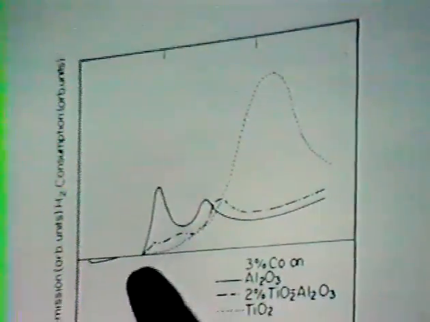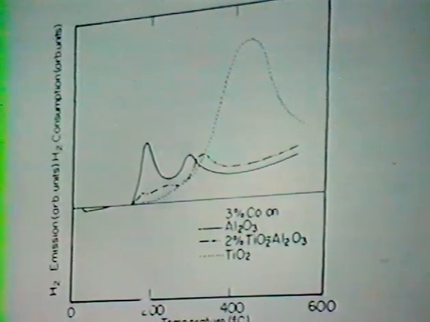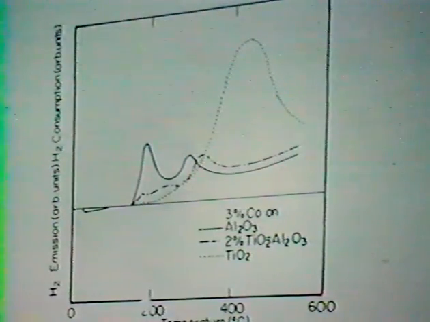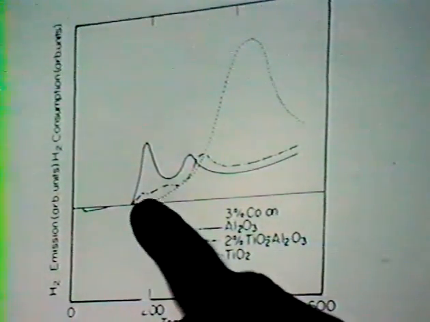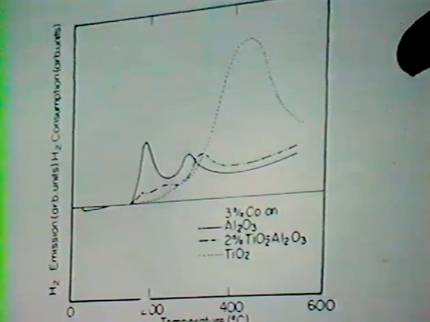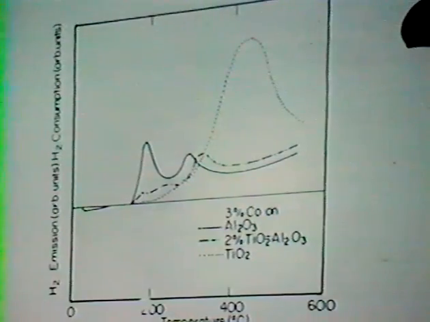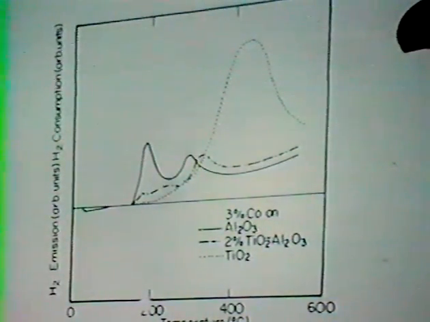The solid line represents the TPR of cobalt on alumina. The dotted line is cobalt on pure titania, and the other dotted line is cobalt on the 2% titania on alumina. Clearly, it does not resemble either alumina or titania, but tends to look more like it is on titania, which is what one would predict on the basis of the SMSE concept.